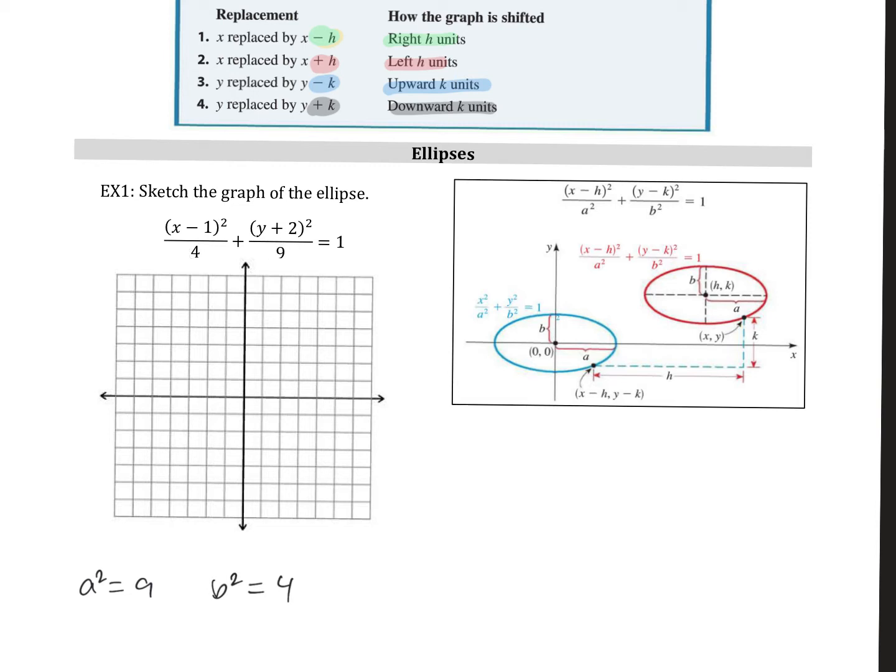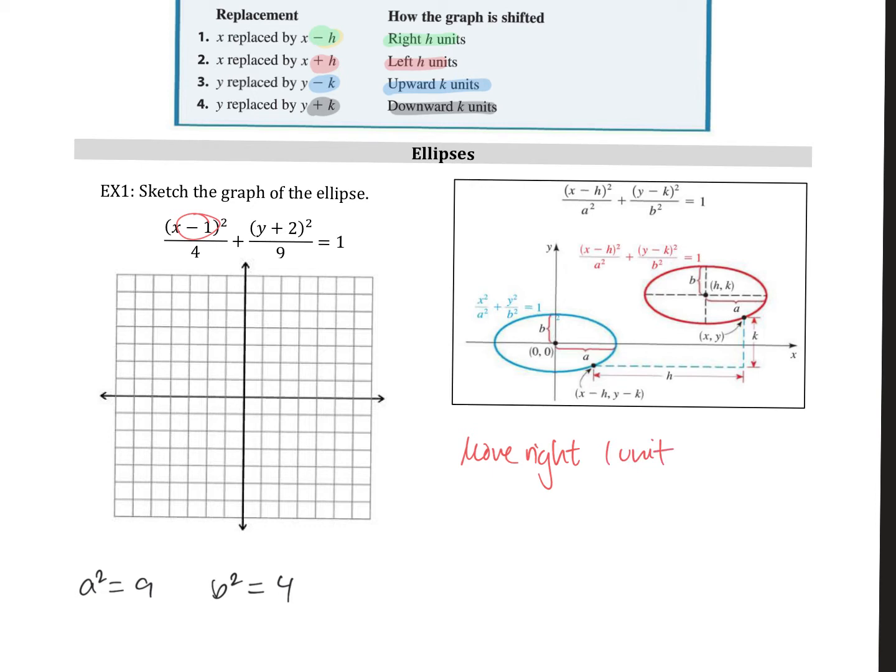Since we have some number being subtracted from the x, what do we know? I'd like you to write these down on your work for your exams. Because we're subtracting the 1, we're going to move right. Let me go ahead and write that out. Move right, how many units? Move right 1 unit.